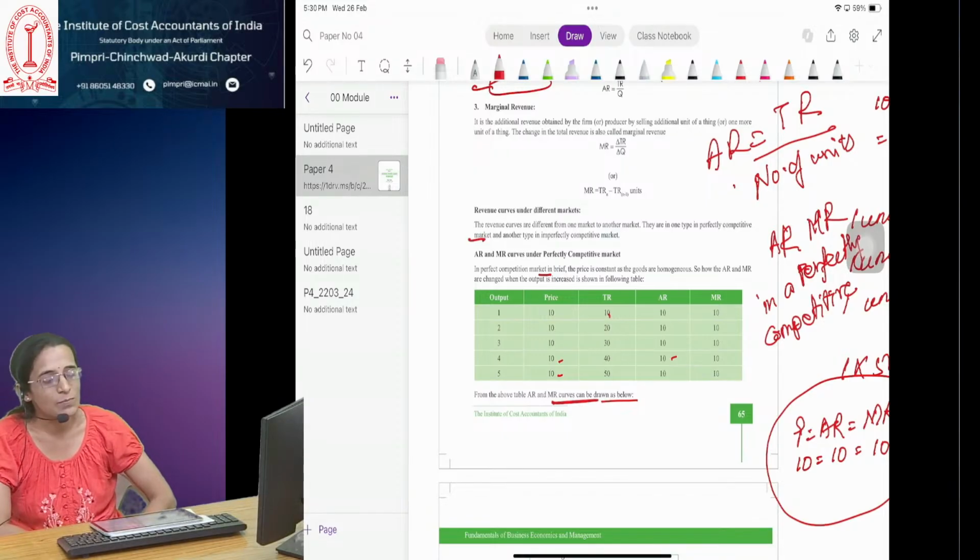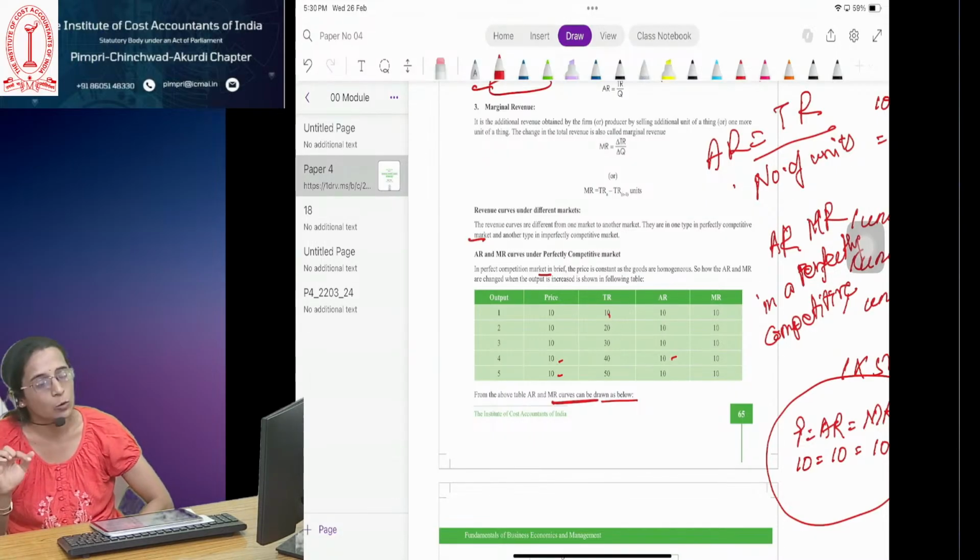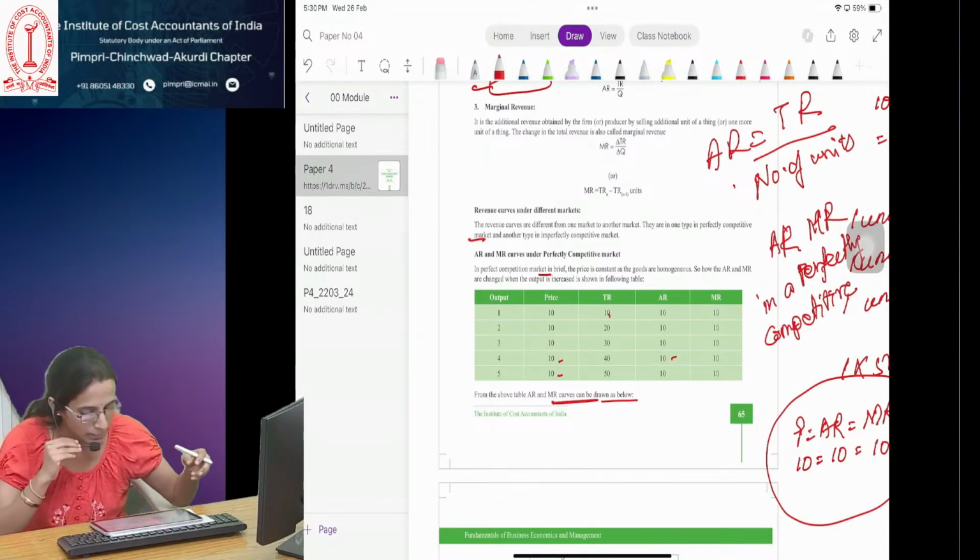But in a perfectly competitive market, as the goods sold are homogeneous, the price is not determined by the demand or supply or the buyers or sellers. Since the goods are homogeneous, the price remains constant.